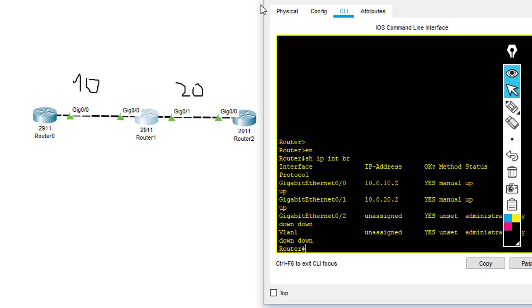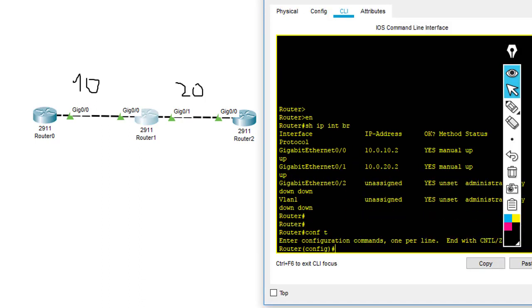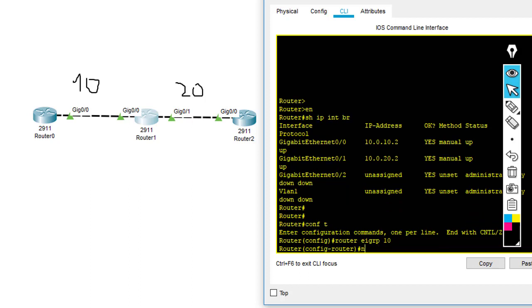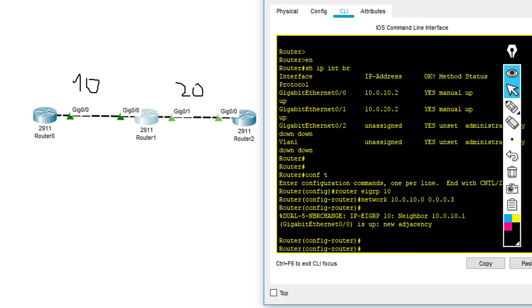On the second router, I'm going to type router eigrp AS 10, and then network 10.0.10.0 0.0.0.3. And you can see that the adjacency is already up. Then network 10.0.20.0.